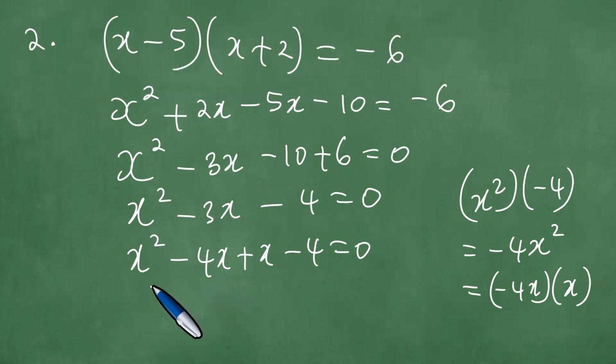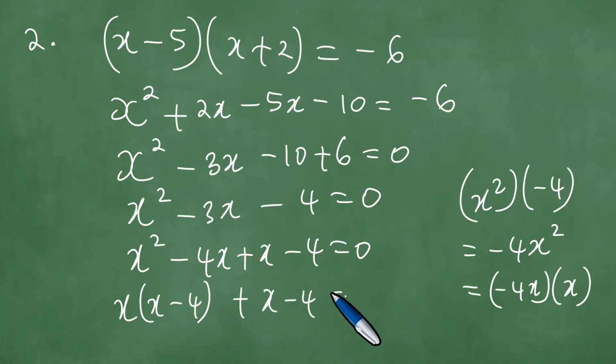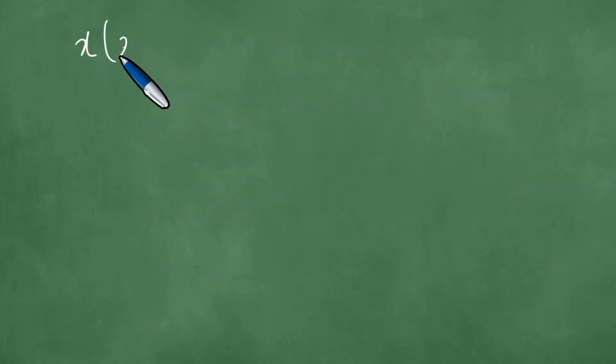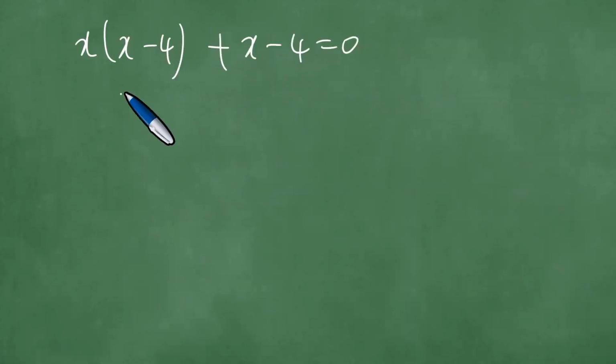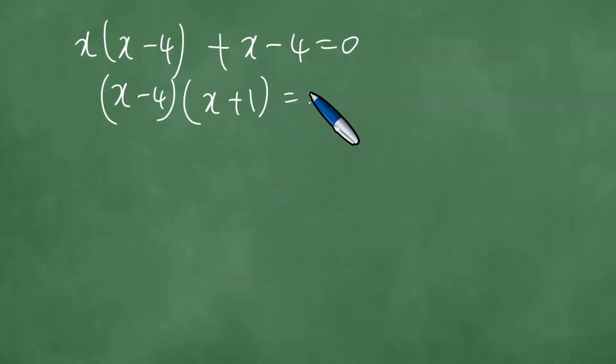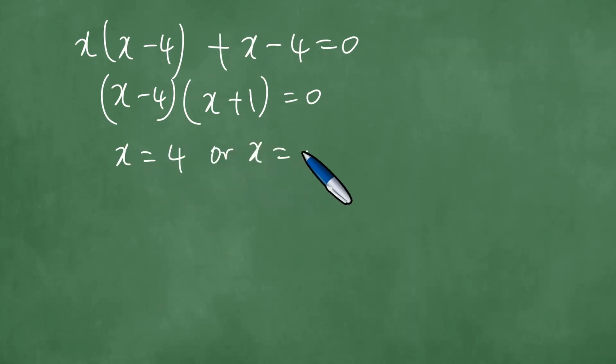Now we factorize. We take out the highest common factor in the first two expressions, taking out x, and we have x into (x minus 4) plus (x minus 4) equals 0, which means (x minus 4)(x plus 1) equals 0, which means x is 4 or x is minus 1.